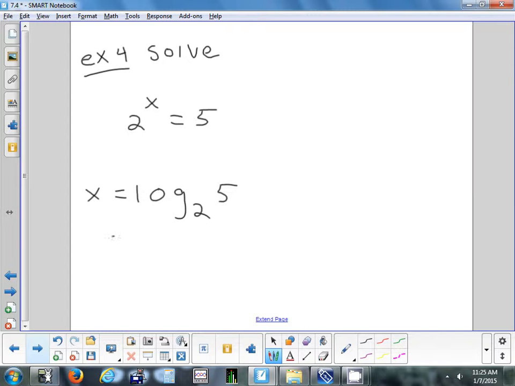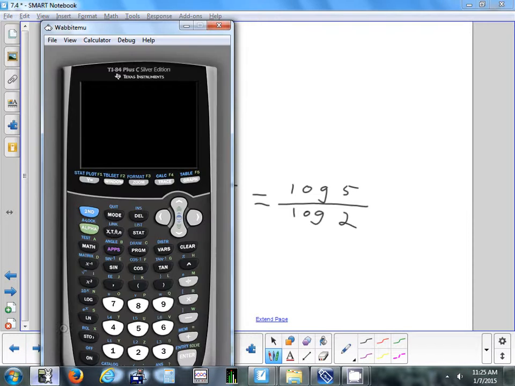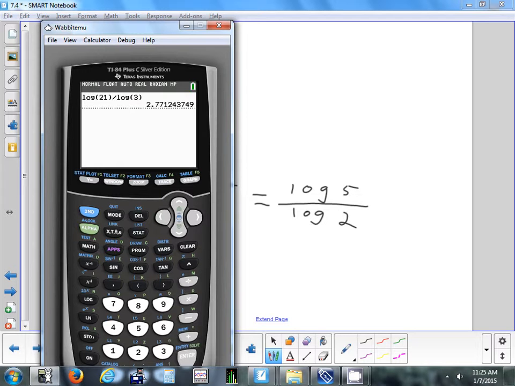Only thing I want to do now is get a decimal for that. How do I rewrite this so I can type it in on my calculator? Ben? Log of 5 divided by log of 2. There's the change of base formula we learned yesterday. Okay, so type it in. Log of 5 divided by log of 2.